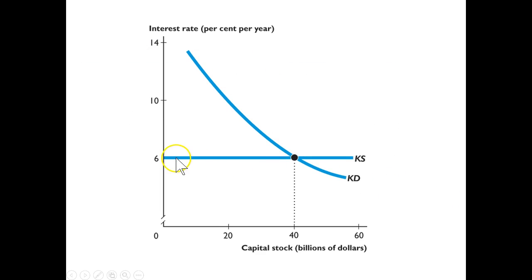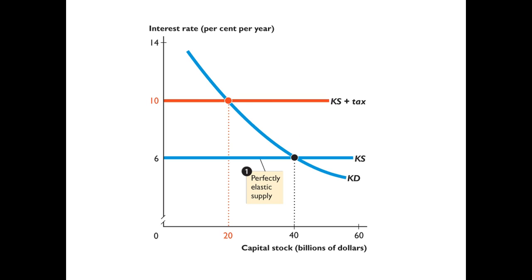You can see it graphically here. Here's our supply curve for capital. K stands for capital here. And we've got our demand for capital here. This is the demand on the part of firms. In equilibrium, we've got 40 units of capital stock purchased at the interest rate of 6%.